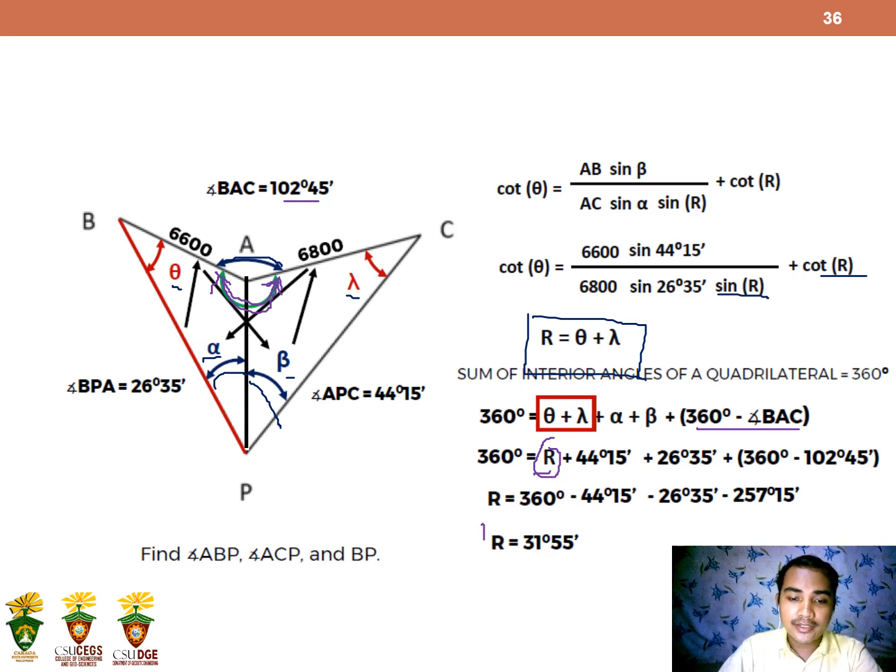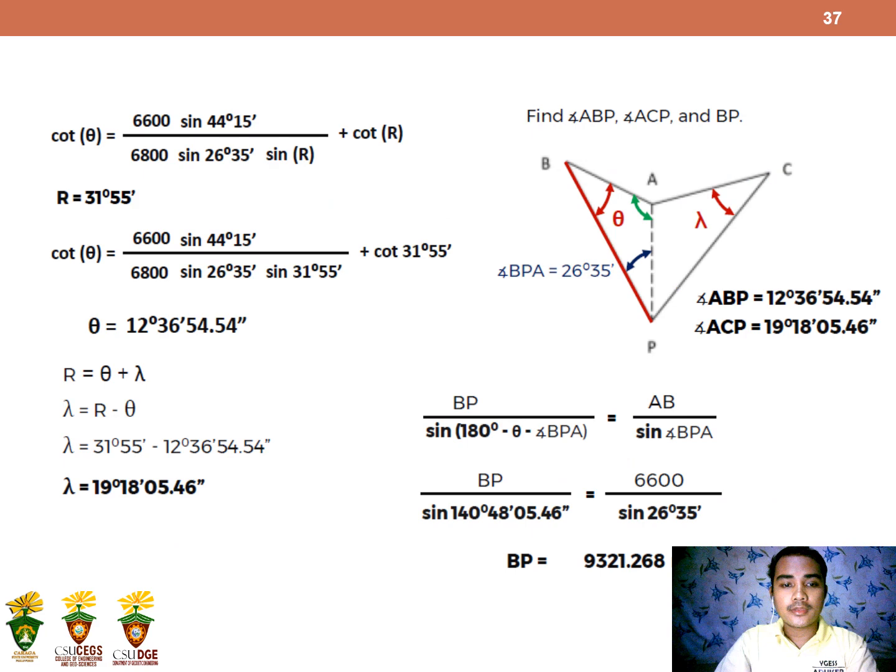So we have now the value of R to be 31 degrees and 55 minutes. Then let's substitute this value into the formula.